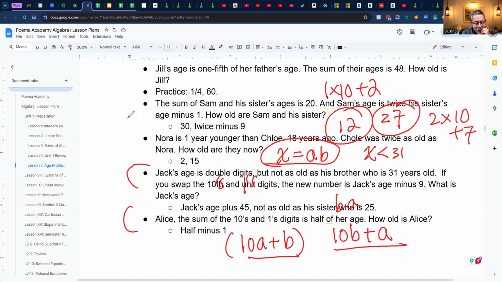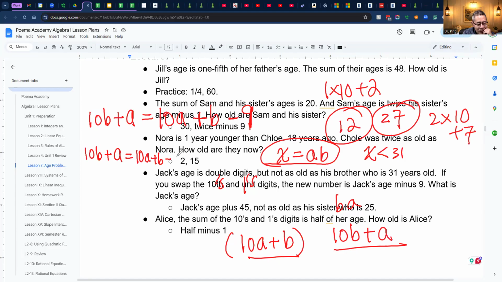So that means we got 10b plus a is equal to 10a plus b minus 9. Let me actually write that down: 10b plus a equals 10a plus b minus 9.